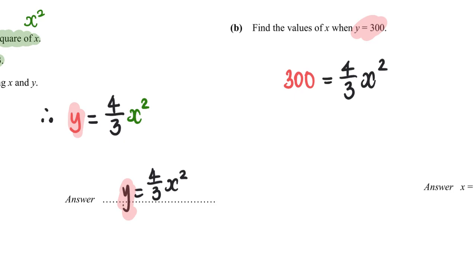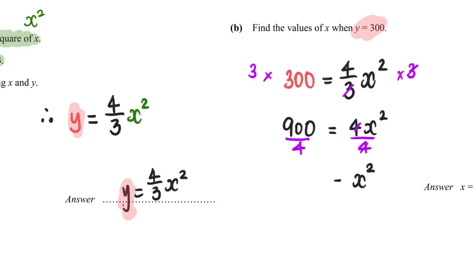So I'm going to multiply by 3 on both sides, so that I can divide off the 3 such that there is no more denominator. I still have my 4 times x squared here. I'm going to divide by 4 on both sides, so that I'm only left with x squared.